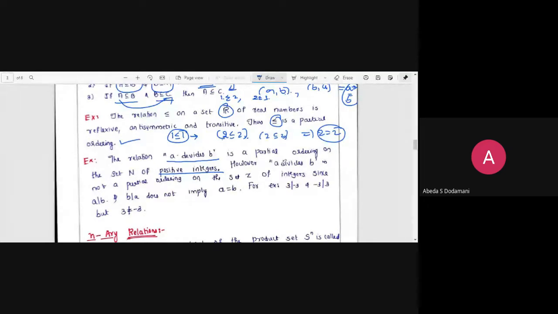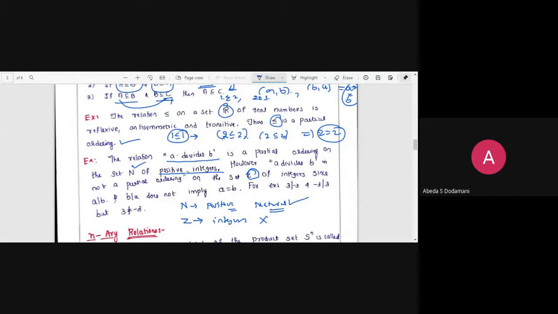However, A divides B is not a partial ordering on the set Z. It is a relation on N. There is a difference. If I define the same thing on the integers, it won't be. Here it is a partial order, but here it is not. I will explain how.